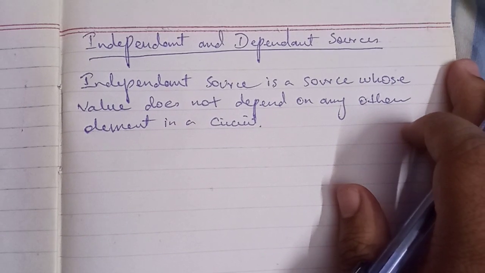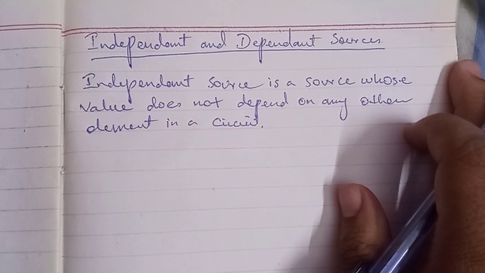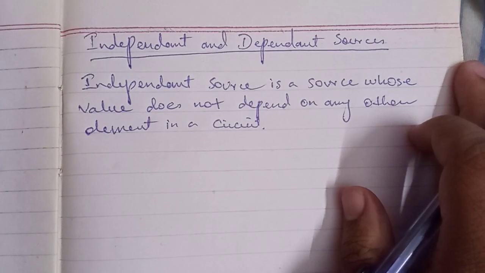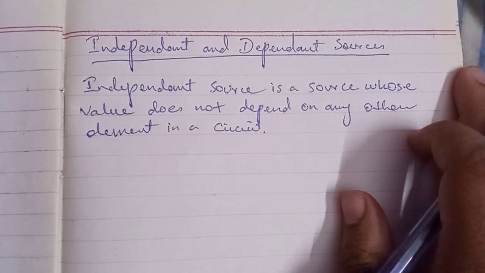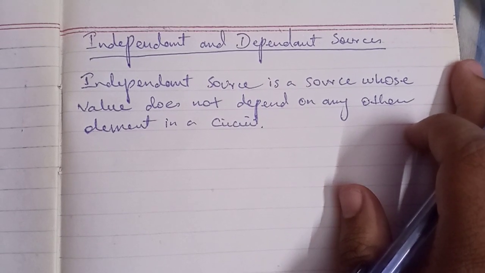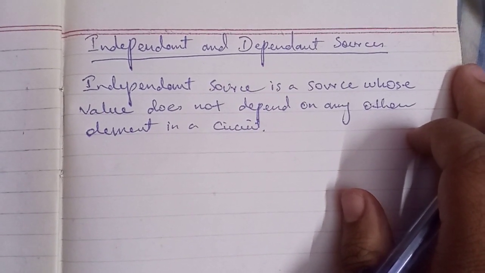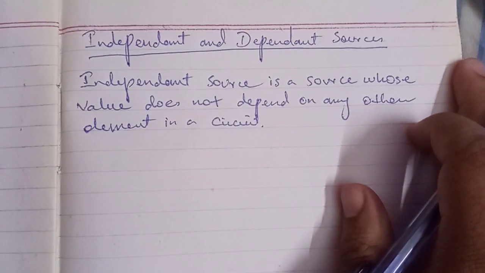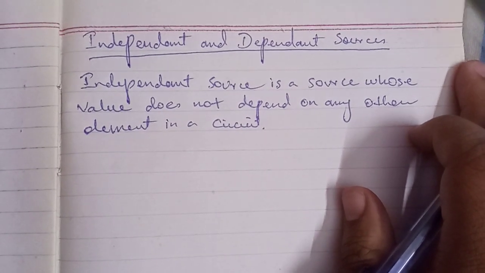It may be a voltage source or it may be a current source whose value is independent. Its value is fixed, you can say. Its value is constant. Its value doesn't depend on any other element or component in the circuit.